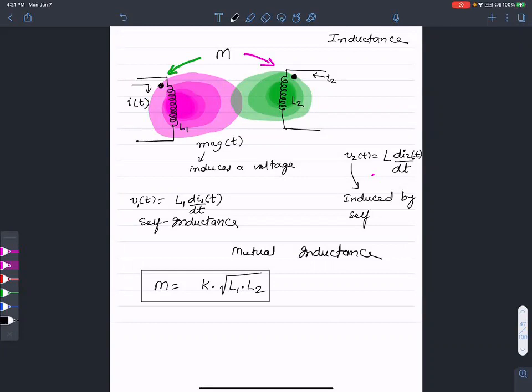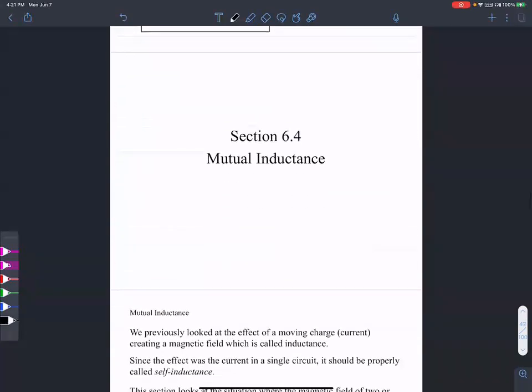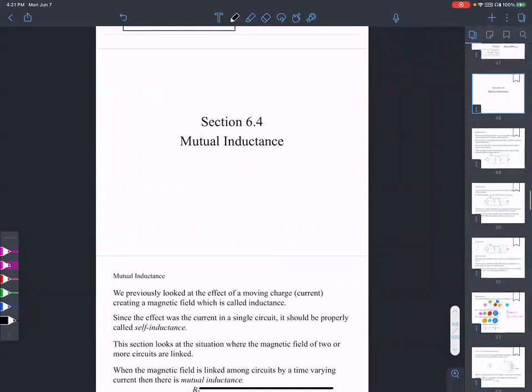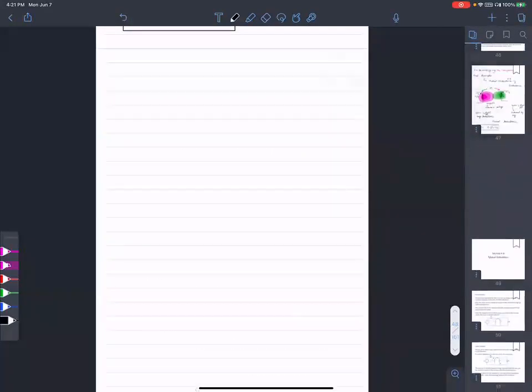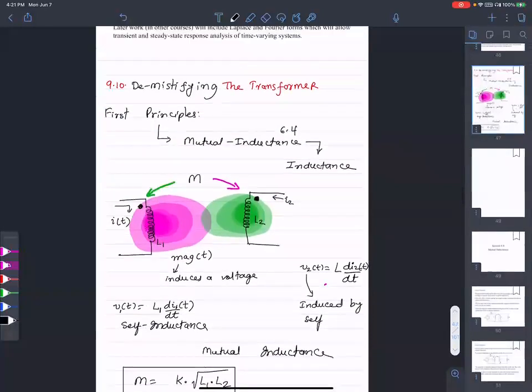Okay, let's do a simple problem here. It's not even a problem. We will develop this idea a little further. Let's see if I can add a page somewhere in here. Again, I'm providing a summary view.